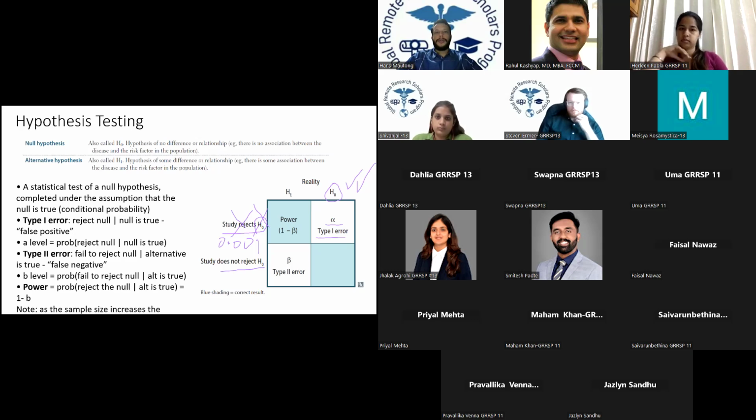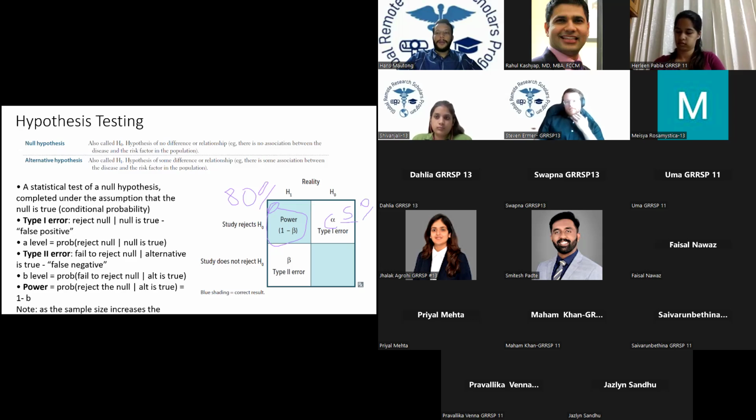So when you're doing sample size calculations, you actually want your power to be as high as 80%, and this is by convention. And your alpha, you want it fixed at 5%.